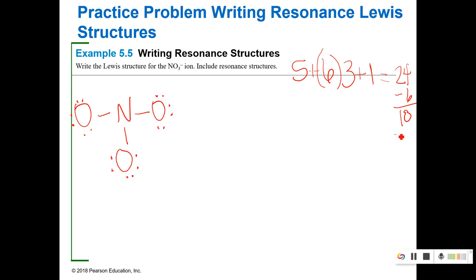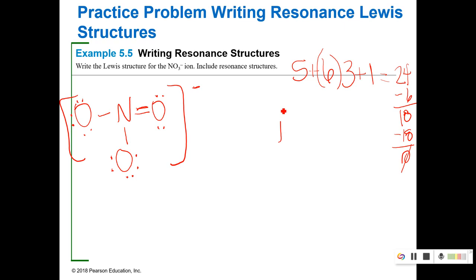Okay, once I do that, I have now distributed all of my electrons. So then you check, does everything have 8? All the oxygens do, but nitrogen only has 6. So what I have to do is I have to make a double bond somewhere. Don't forget what charges you bracketed in.